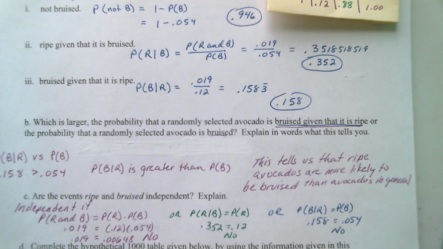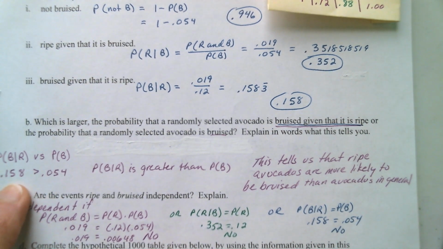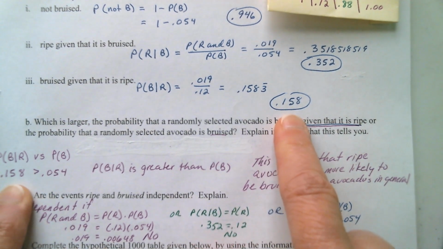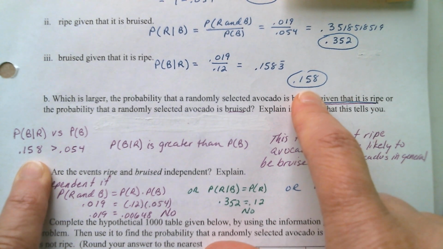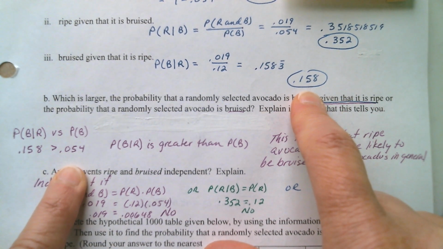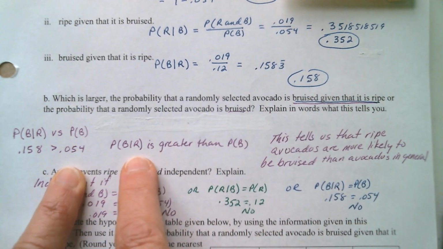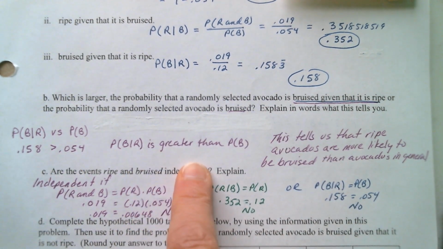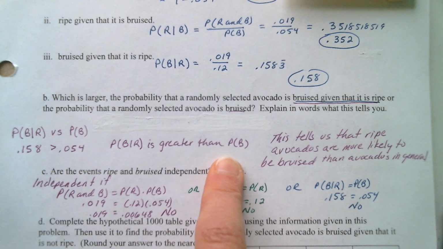Which is larger, probability of bruise given ripe or probability of bruised? Well, bruise given ripe was the 0.158, and the probability of bruise was this 0.054. So the probability of bruise given ripe was greater than the probability of bruise.